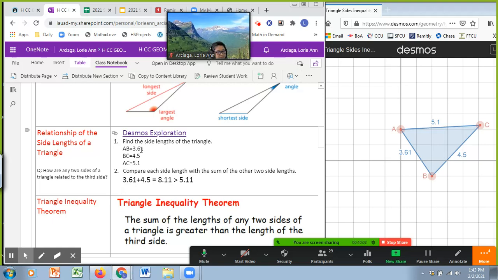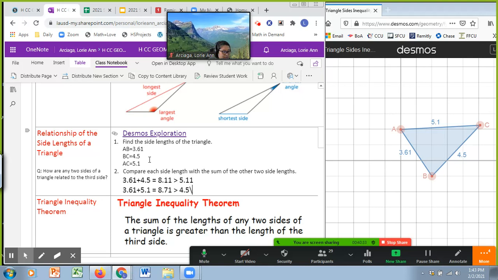This time I'm going to skip the middle: 3.61 plus 5.1 is 8.71. I compare that with the side that I didn't add, which is 4.5. So that's greater than 4.5 again.